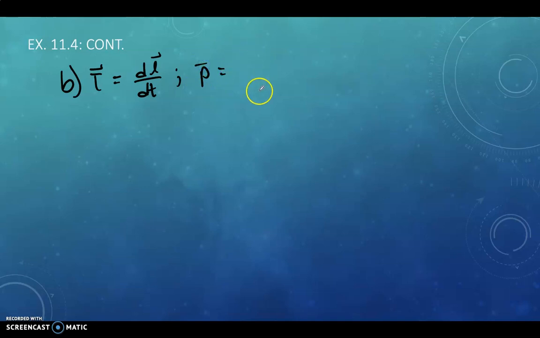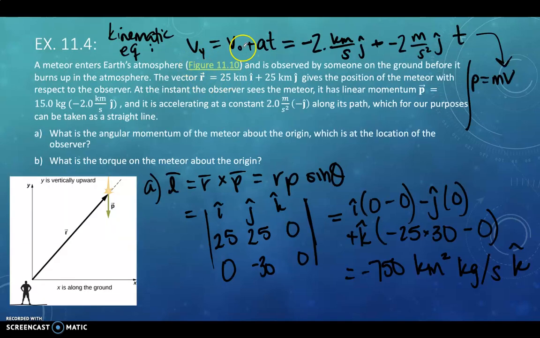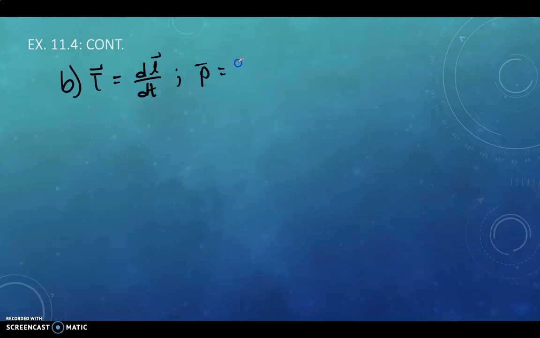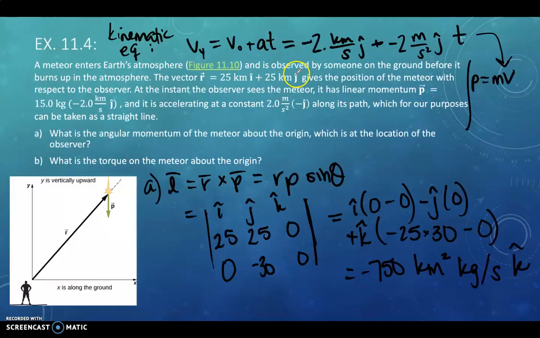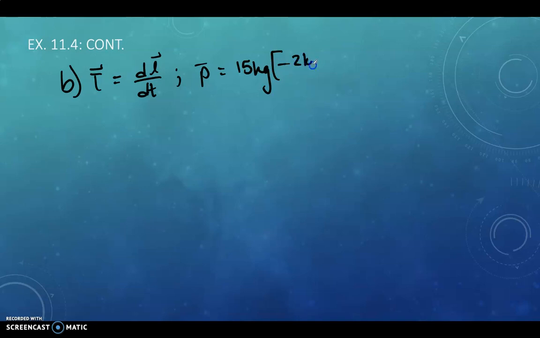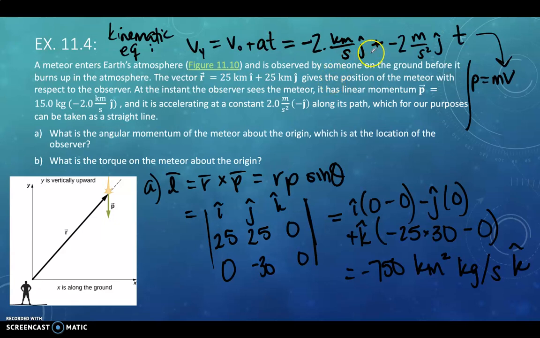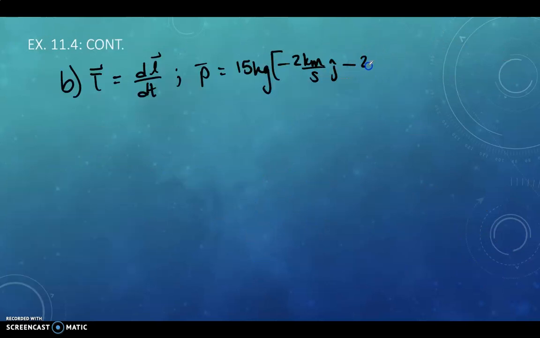Momentum is equal to our mass, which is given as 15 kilograms, times our new velocity, and that is going to be negative 2 kilometers per second j hat, plus, actually minus 2, and this is now meters per second squared, j hat, times t.